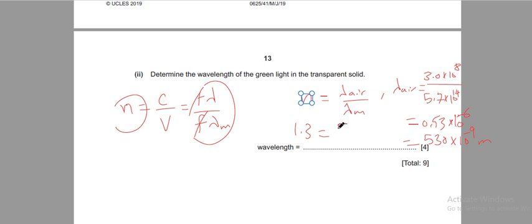So this 530 nanometer over lambda m gives lambda m to be equal to about 408 nanometer, or you can use this value and apply it in the equation and find the final result as something times 10 to the power minus 6.